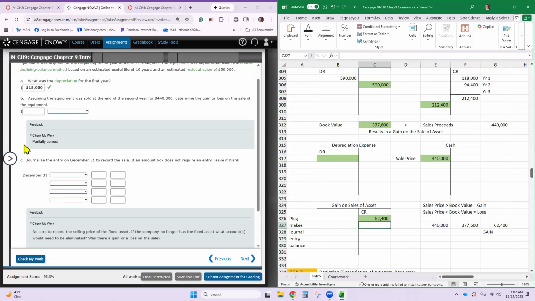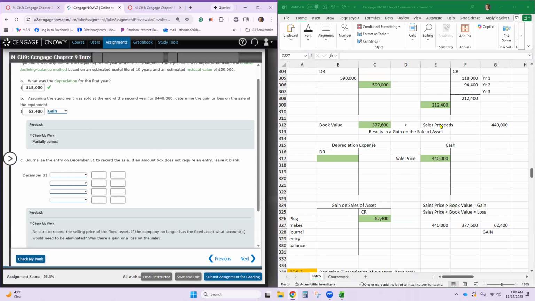Now let's see if this works. This is going to be a gain. Selling at a gain is a good thing. How did we know we have a gain? Here's the rule: if the sales price or proceeds are more than the book value, then you have a gain.